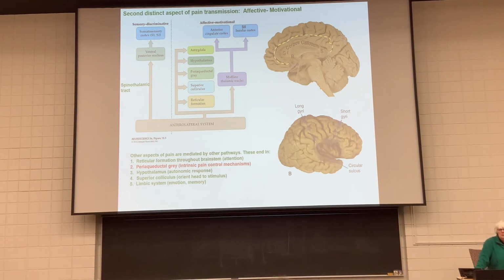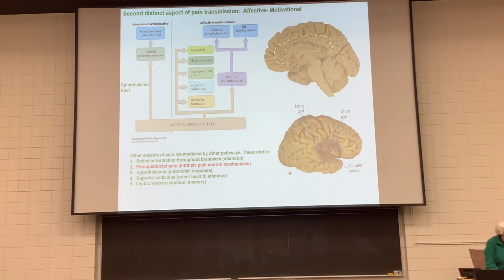It's these neurons in the reticular formation that alert us and make us really initially be aware of what's going on. Some of them go up to the superior colliculus. That sends signals down to our head. I want to orient my head to where am I feeling that pain? Where is it coming from?